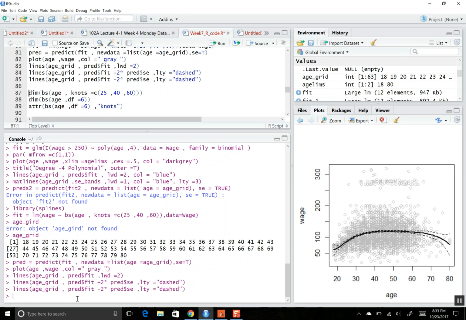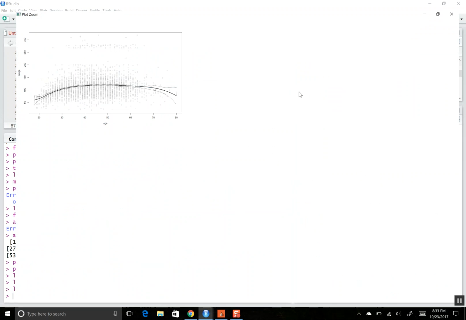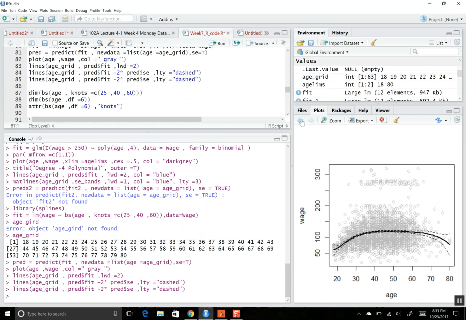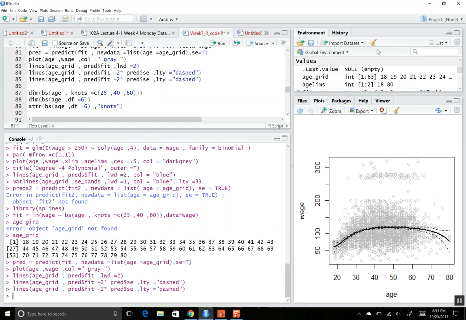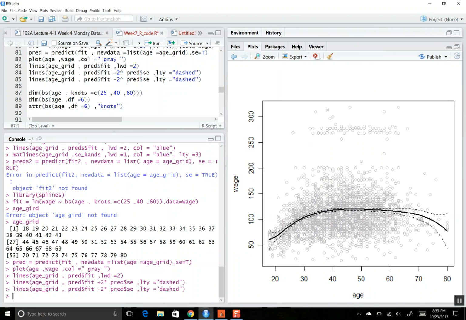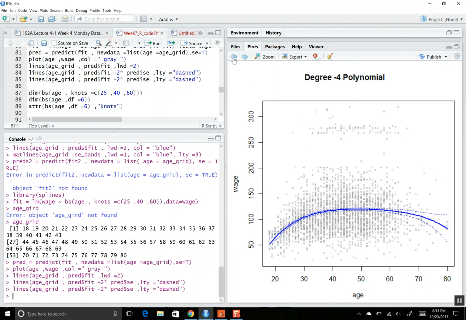The default value for a basis spline is to have a third order fit here. So this is our cubic basis spline, and this is our fourth order polynomial.